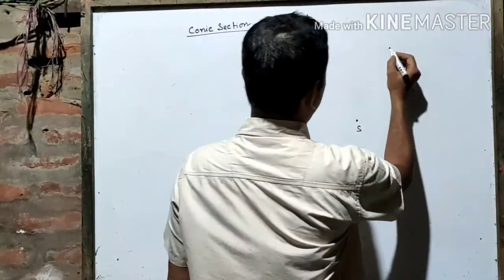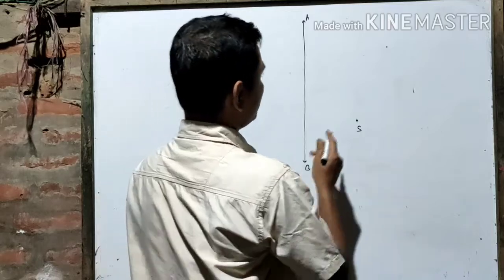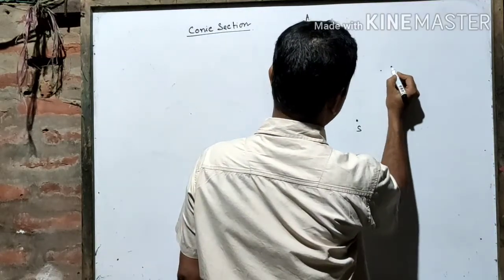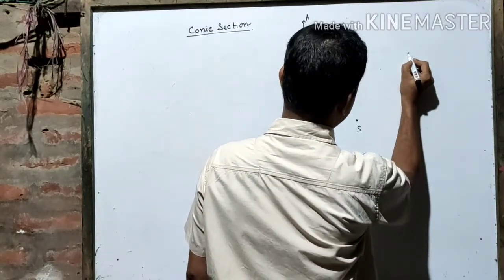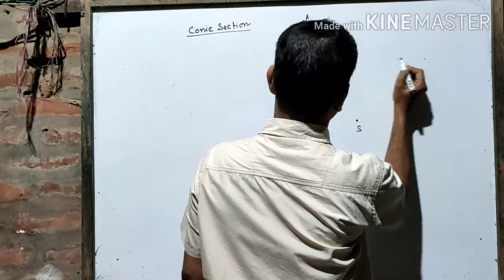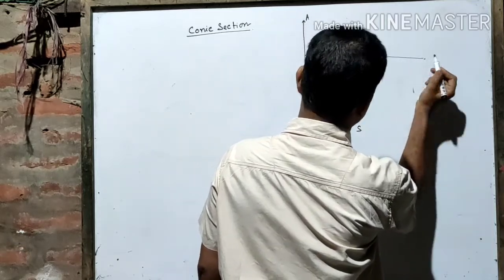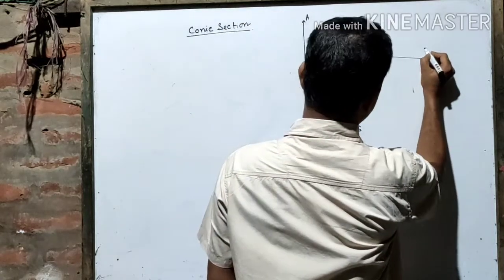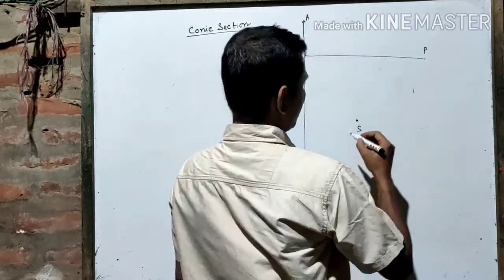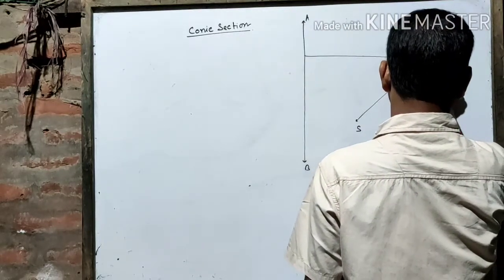Suppose there is a point moving in the two-dimensional space. Let it be P. Okay, this P is a moving point.